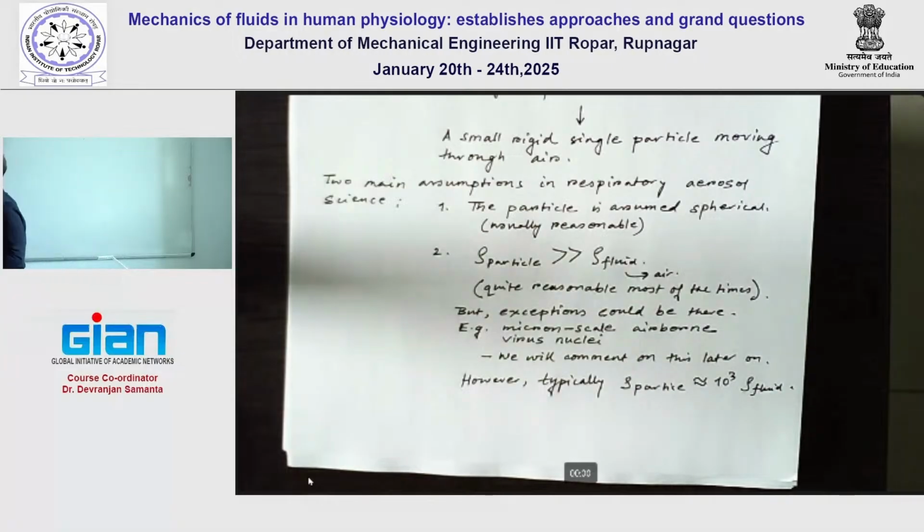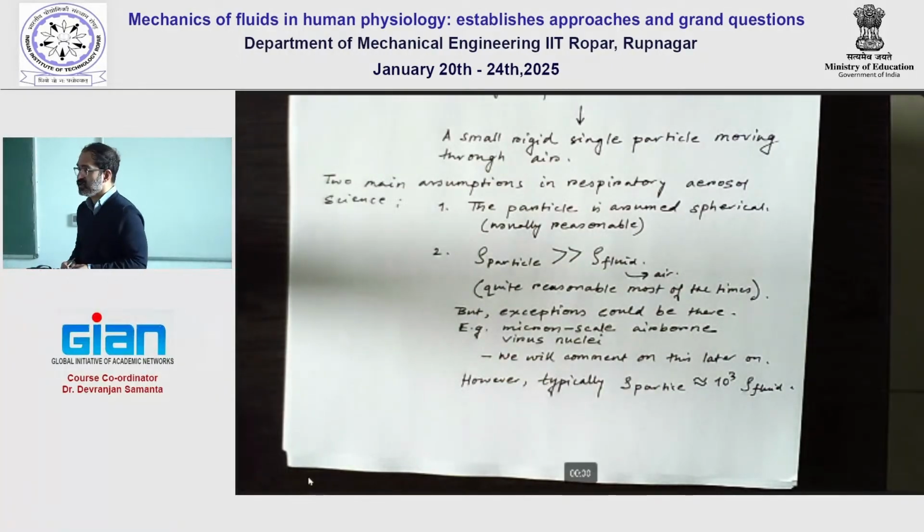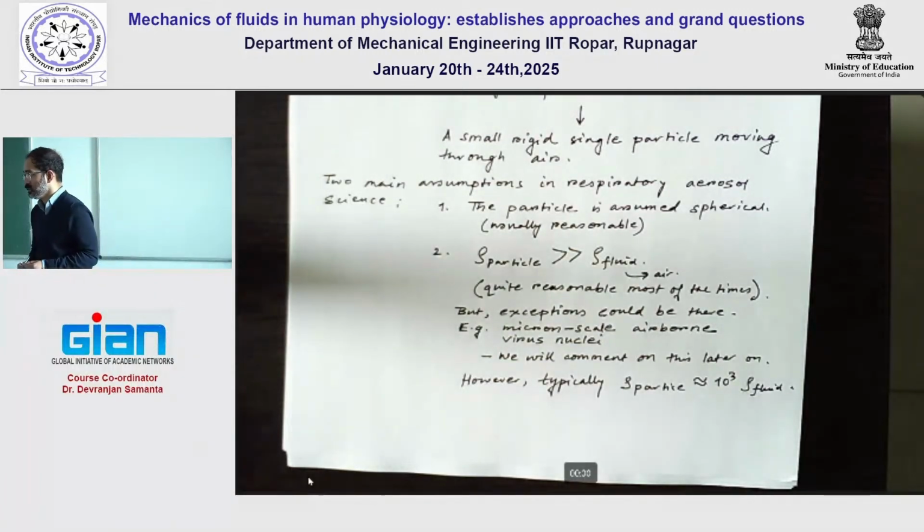So as a result, we do benefit in terms of the forces from the fluid that we need to consider in our equations of motion for those particles. So which force do you think should be considered? What is the main force contributed by the fluid?